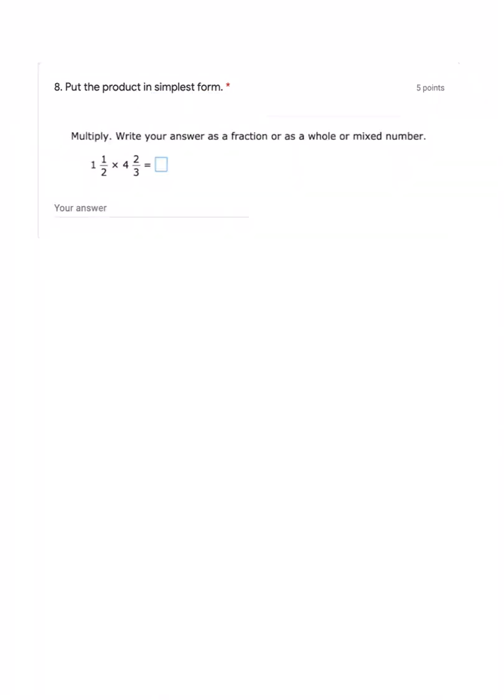Okay, now we're going to multiply these two mixed numbers. The easiest way to do this is to convert both mixed numbers to improper fractions. So in order to do that, multiply and then add.